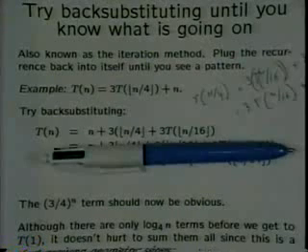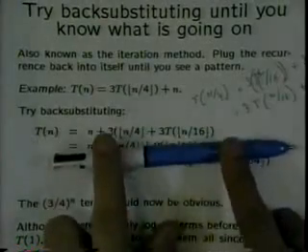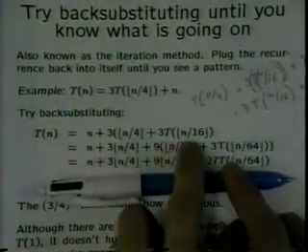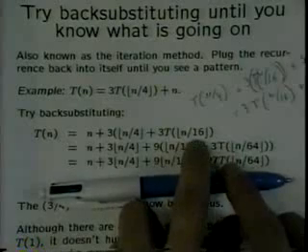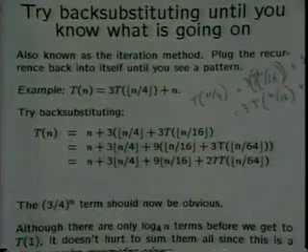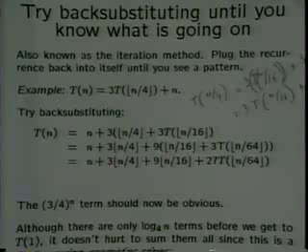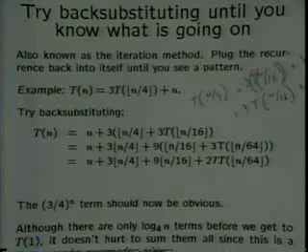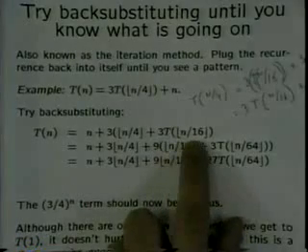So I stick it in again. I now have a term with T of n over 16. To solve this, I'm going to stick the T of n over 16 value in and keep plugging it in until I notice a pattern. What is T of n over 16 going to be?